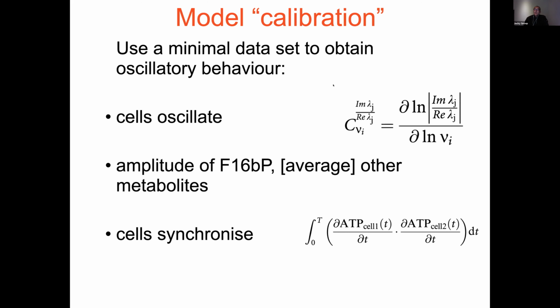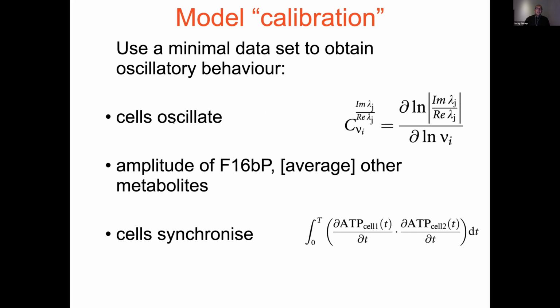And then what we found is that with very limited information and a good objective function, we got the system to oscillate very quickly, and it showed remarkably close to the experimental data. So with the objective function, we went through 3 steps to the optimization, the calibration of the system.